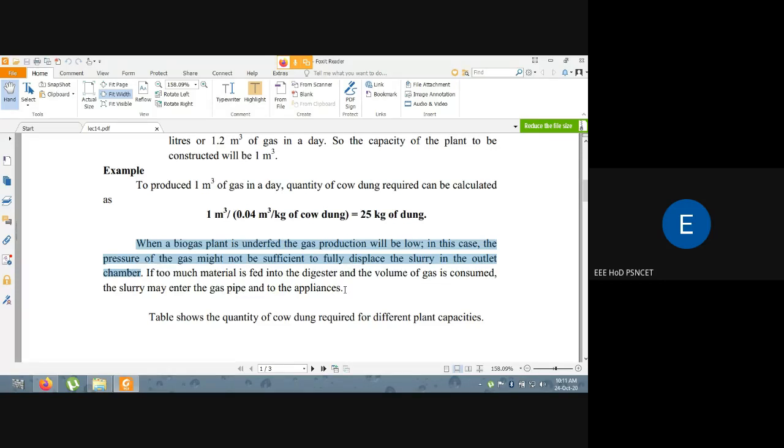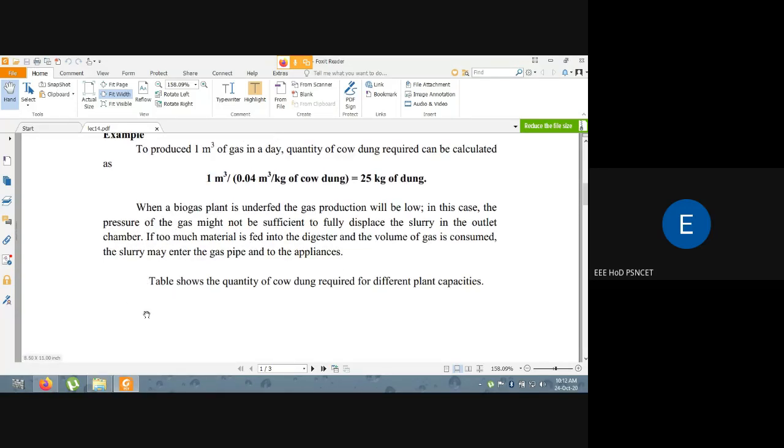So we should follow this regulation to find out the amount of cow dung and the size of the digestion chamber. So this is a formula. It should not be lagging and it should not be leading. That means underfed, it should not be less, and it should not be too much either. Okay, that's the thing.